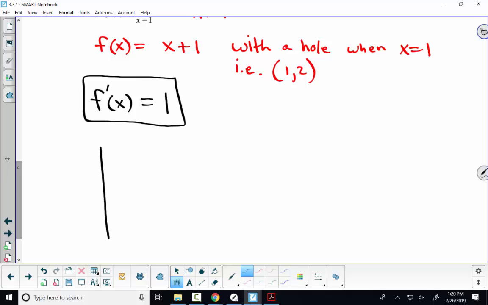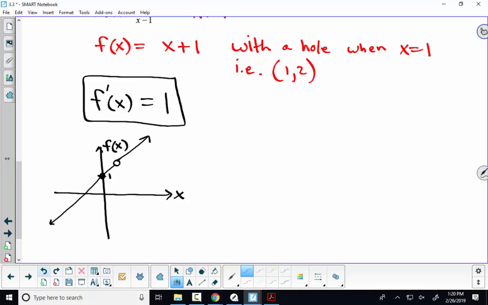So the original function f of x looks like this.